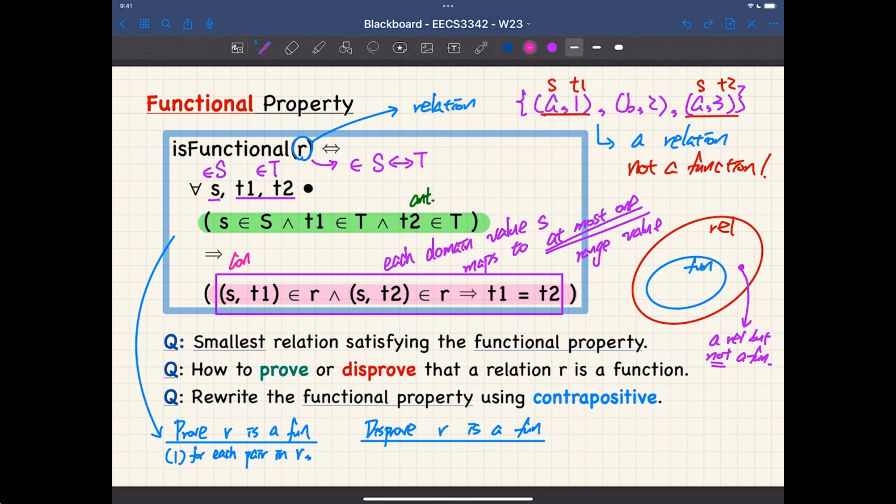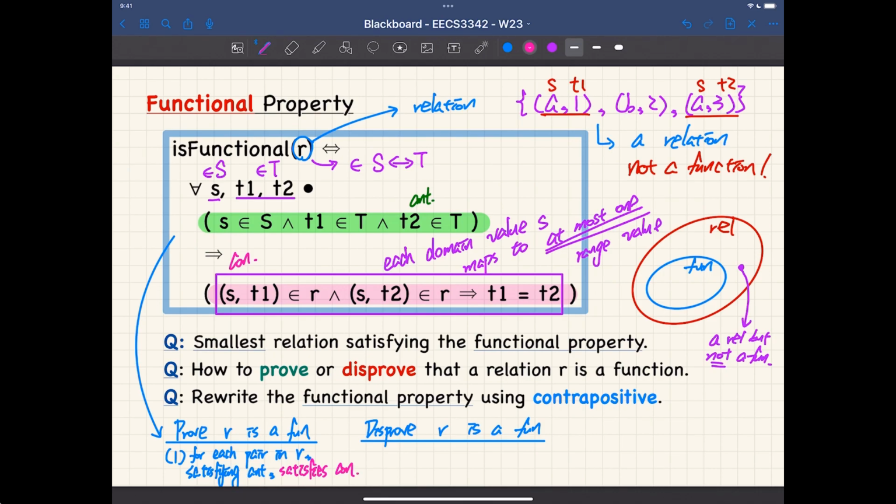For each pair in R which satisfies the antecedents, you want to show that every one of them satisfies the consequence. This is the harder way.